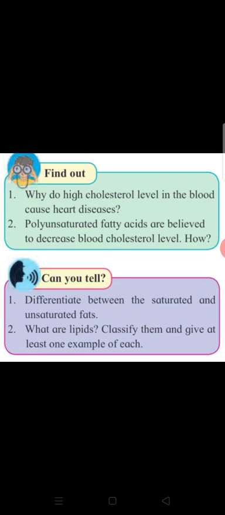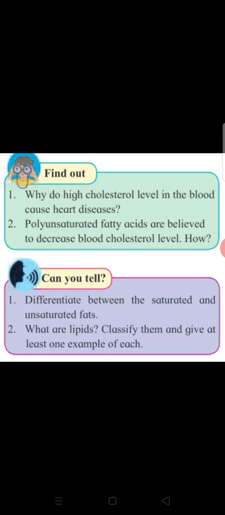Okay. Now next question, what are lipids? Classify them and give at least one example of each. So here we have also discussed about classification of lipids, simple lipids, compound lipids, derived lipids, with its example, its role, etc.